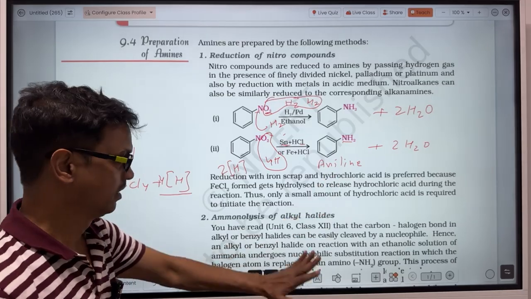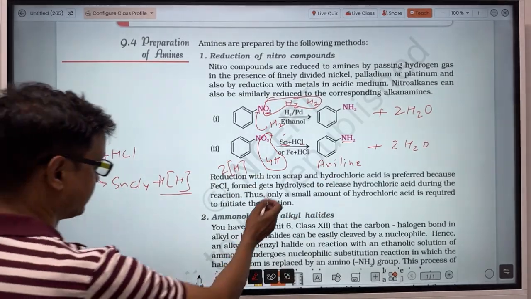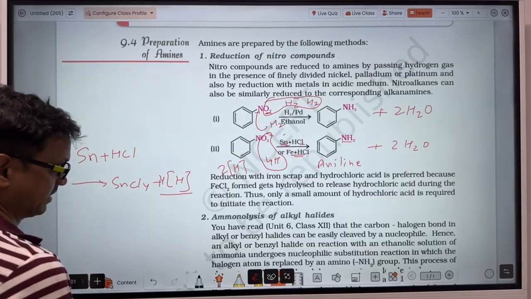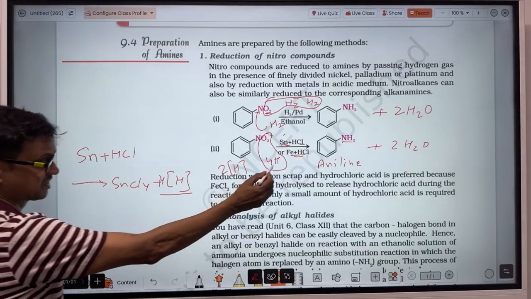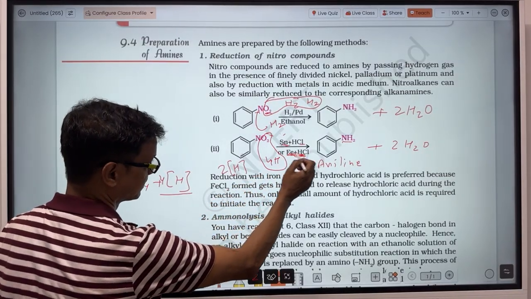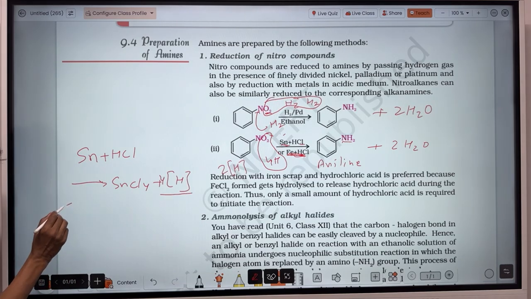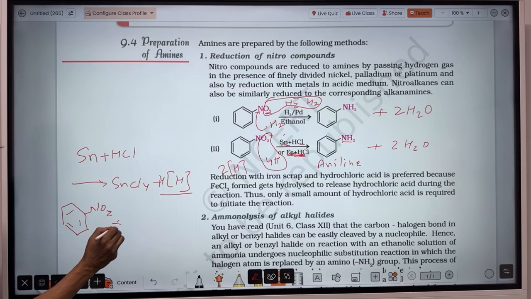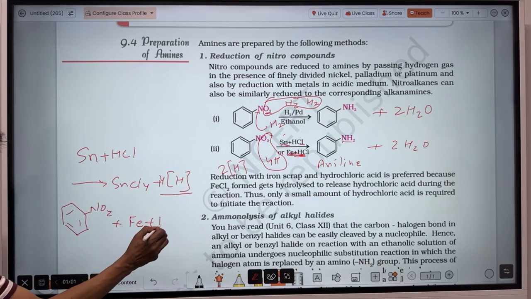Another reaction is when iron reacts with HCl. Watch out for this one: when nitrobenzene reacts with iron and HCl, what will happen?